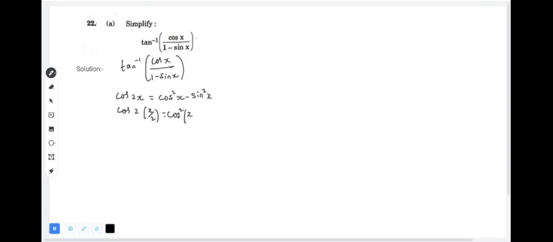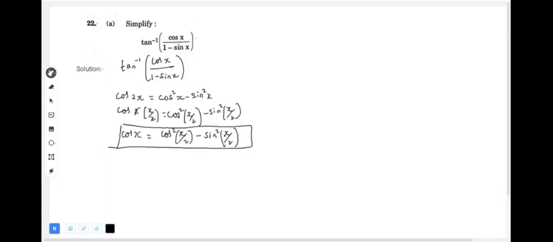In place of x, we'll write x by 2: cos square x by 2 minus sin square x by 2. Then this 2 and 2 get cancelled. We get cos x will be equal to cos square x by 2 minus sin square x by 2. So we will use this formula for cos x.